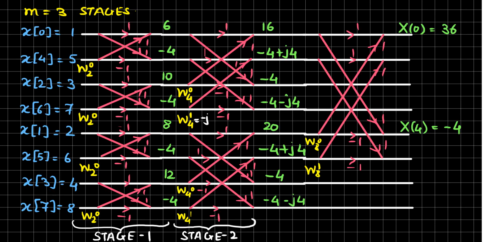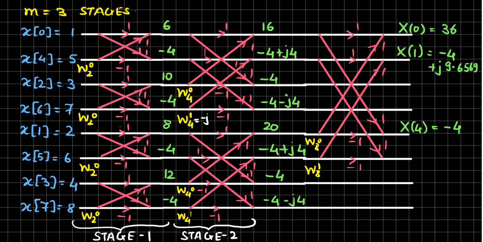Now this point here can be calculated as minus 4 plus j4 plus minus 4 plus j4 whole multiplied by w8 to the power 1, and when we solve it, the value that we obtain here comes out to be x of 1 is equal to minus 4 plus j times 9.6569.